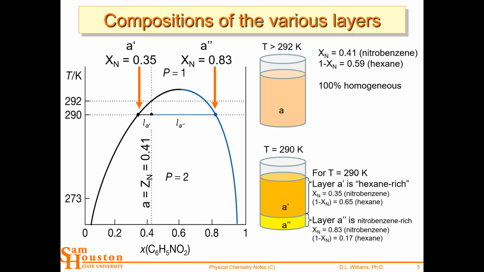How many total moles are in the bottom layer? Do you follow the question? And that depends upon where my isopleth is. The composition of those layers won't change, but the relative amounts will. Let's say instead of 0.41, I had 0.61. So I was over here. The composition of this layer didn't change, and the composition of that layer didn't change, but the relative amounts would.